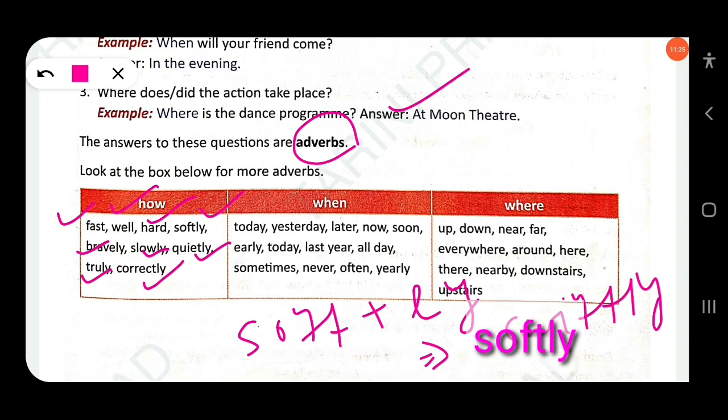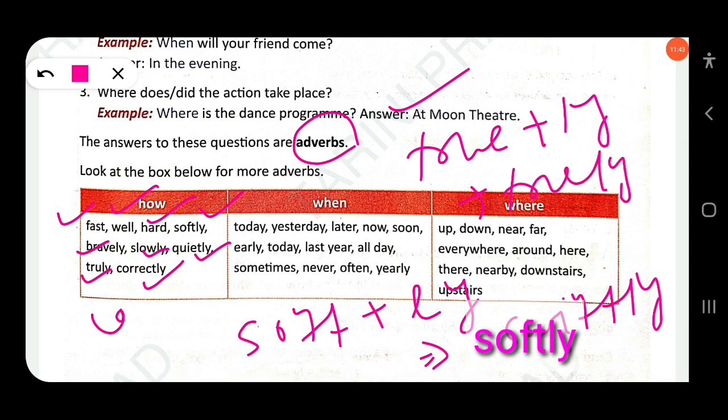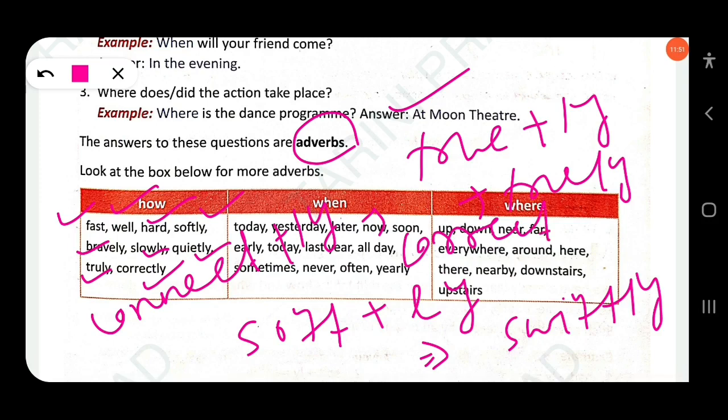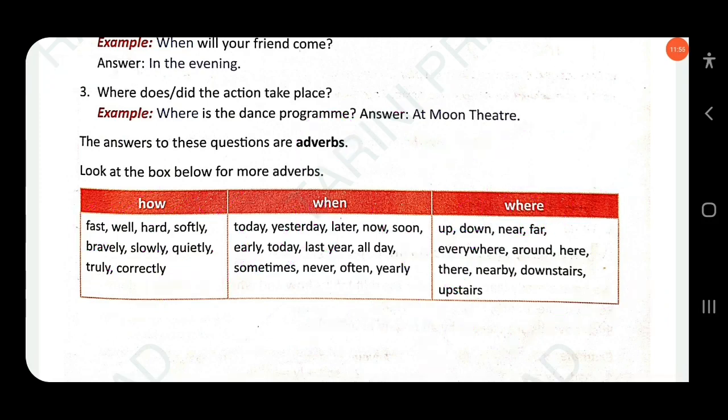Similarly, true, adjective, when we add ly we get adverb, truly. Correct, adjective, describing word, when we add ly we get adverb, correctly. Usually adverbs are formed by adding ly with the adjective. This will be called adverb of manner.